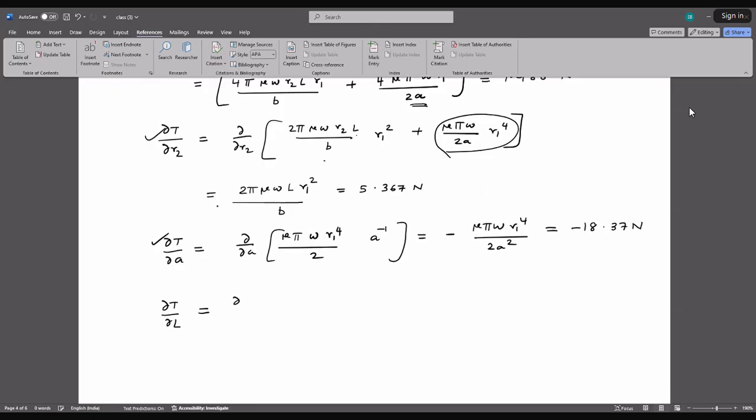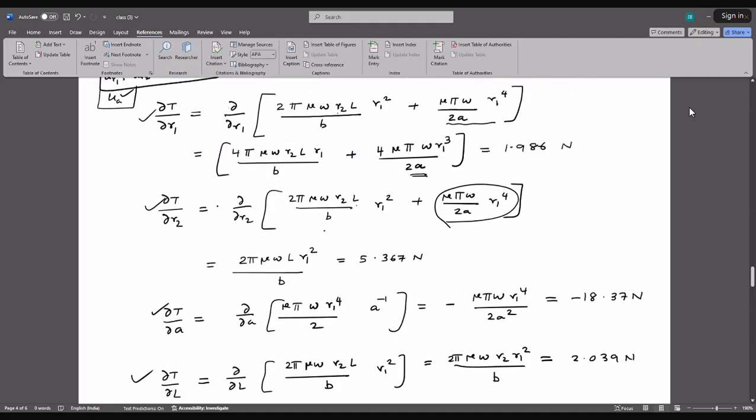If you take dou over dou L of 2 pi mu omega R2 L over B R1 square, that will give you 2 pi mu omega R2 R1 square divided by B. And if we substitute the values, this will give us 2.039 Newton.